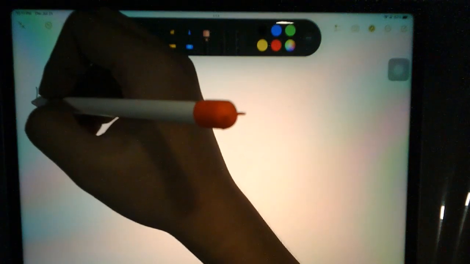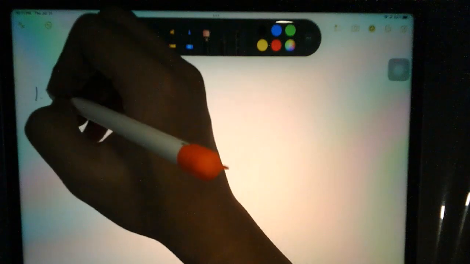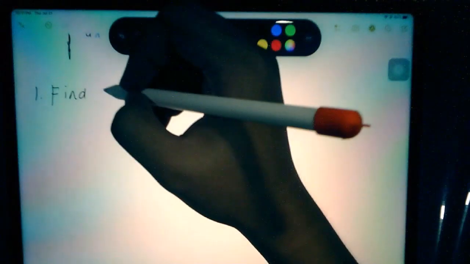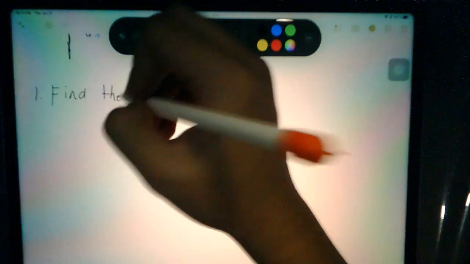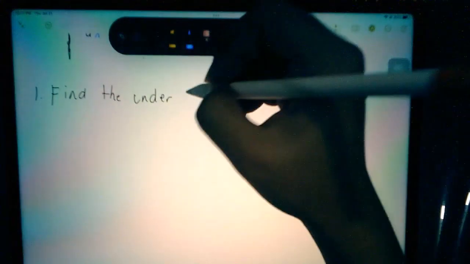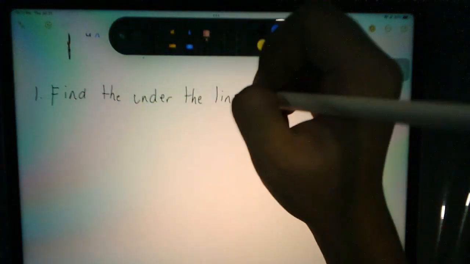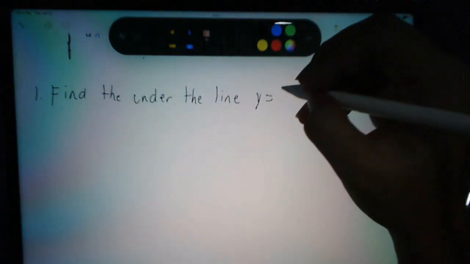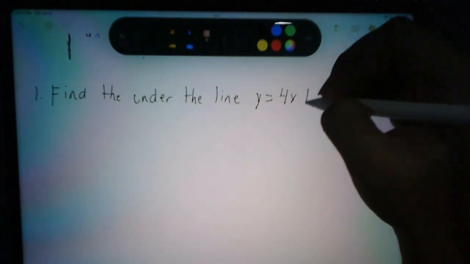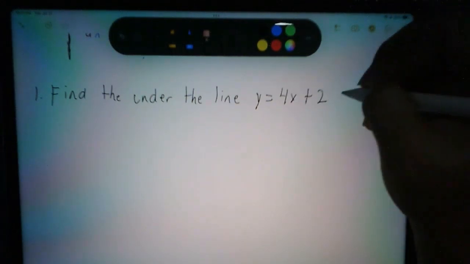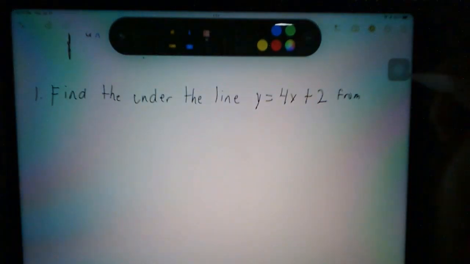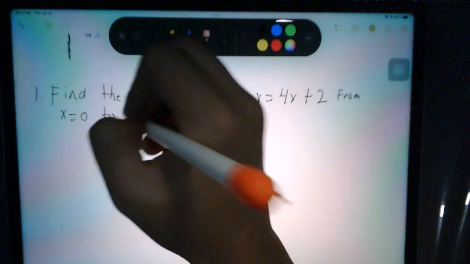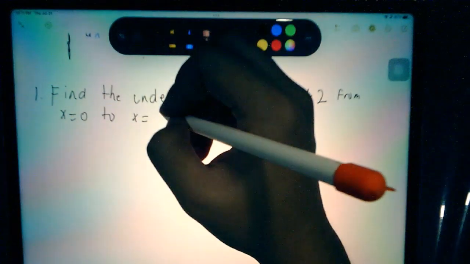Our first example is: find the area under the line y equals, let's say, 4x plus 2, from x equals 0 to x equals, let's say, 5.